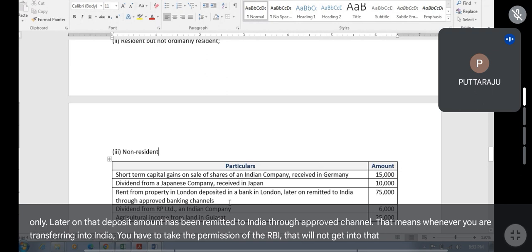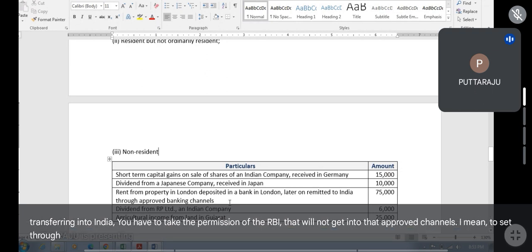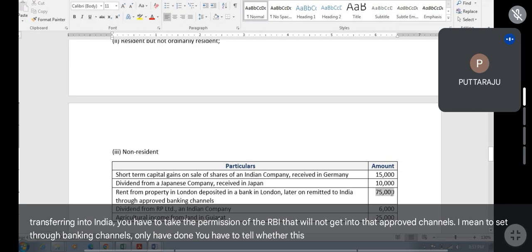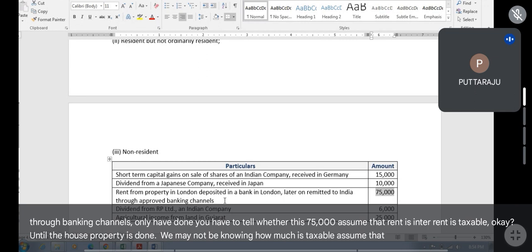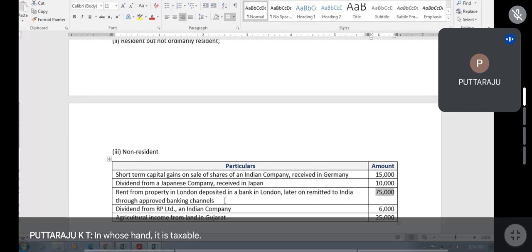You have to tell whether this 75,000 is taxable. Assume that the entire rent is taxable. Until house property is done, we may not know how much is taxable. In whose hand is it taxable? Resident.